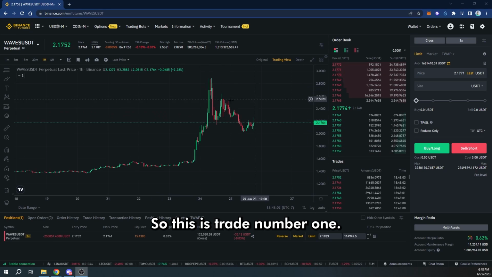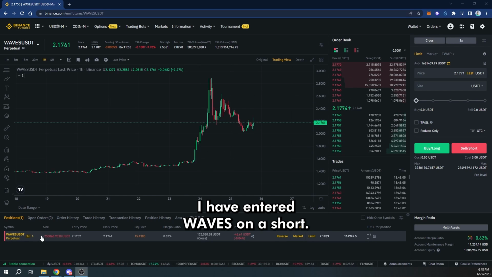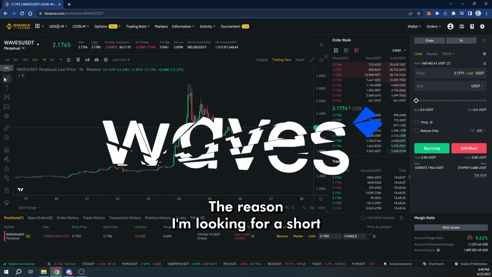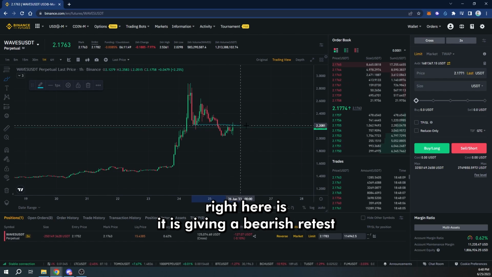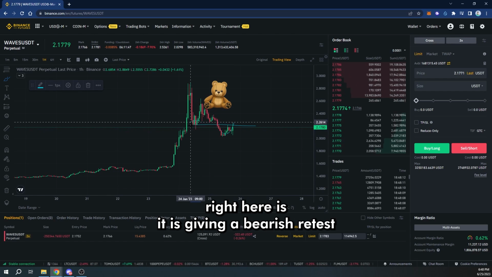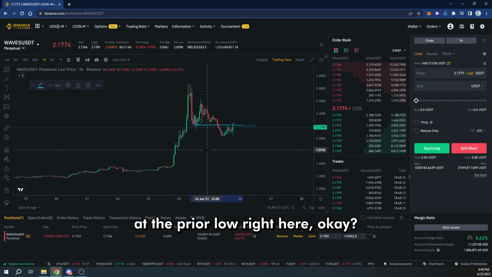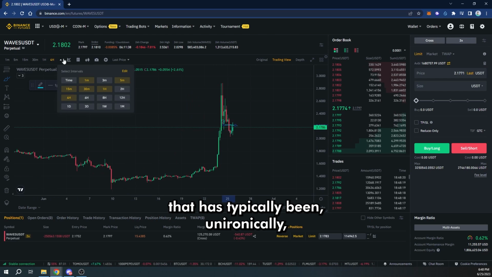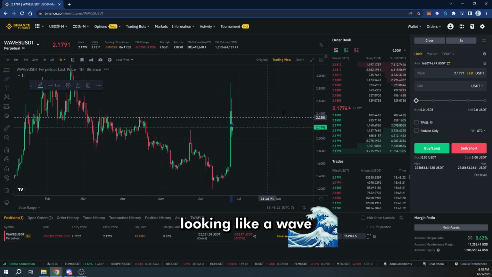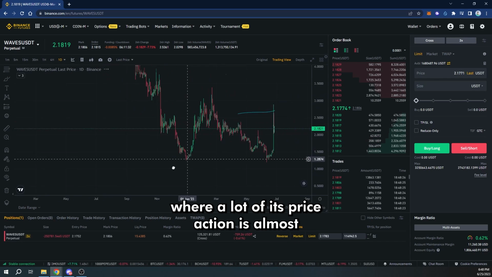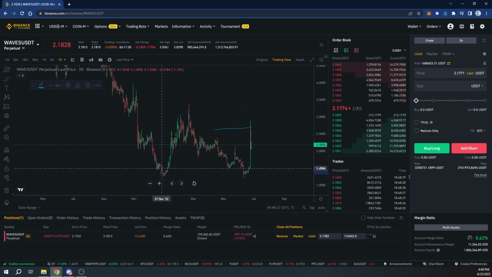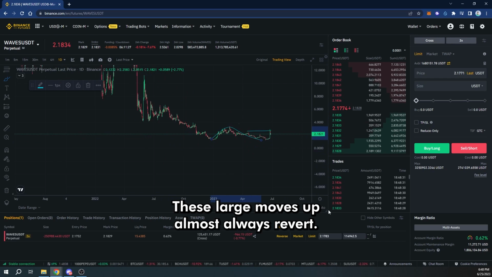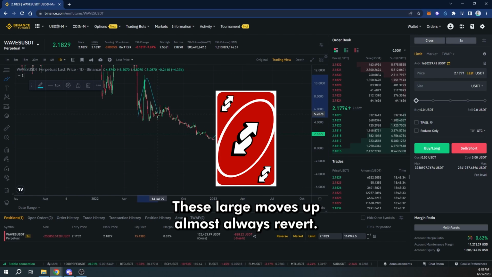Alright, so this is trade number 1. I have entered waves on a short. The reason I'm looking for a short right here is it is giving a bearish retest at the prior low right here. Second, we're also looking at price action on waves that has typically looked like a wave, where a lot of its price action is almost always reverted, right? These large moves up almost always reverted.